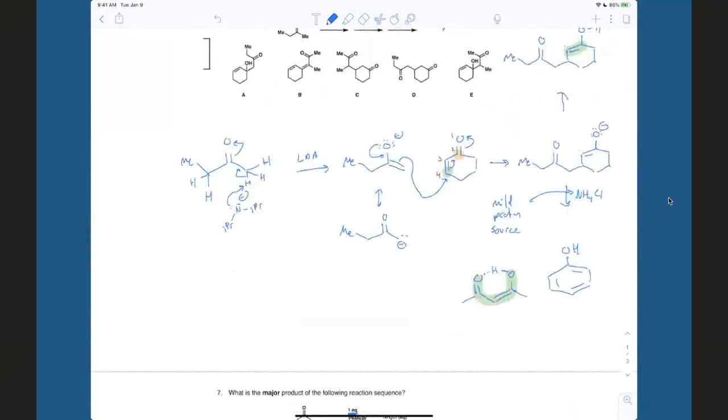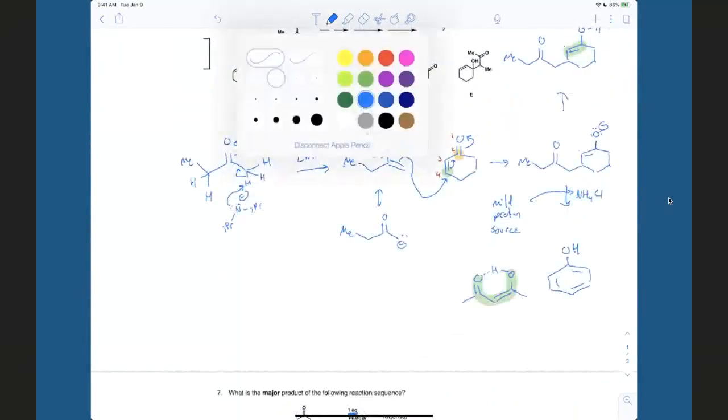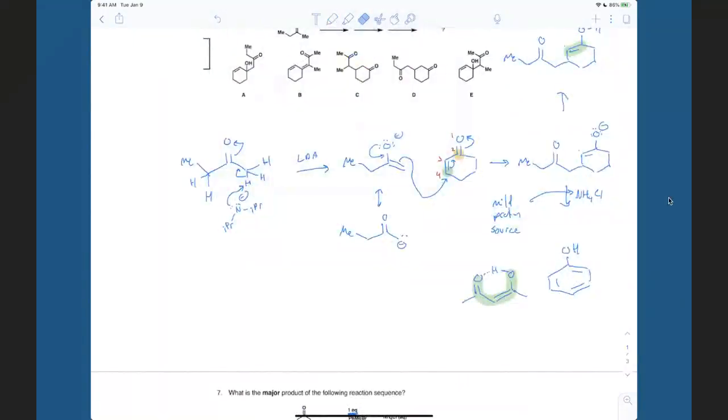LDA will always go after the least sterically hindered proton that's available. If we have a methyl versus a CH2, the hydrogens on this methyl are actually more available, because there's only one other substituent, whereas this carbon has two different substituents on it.